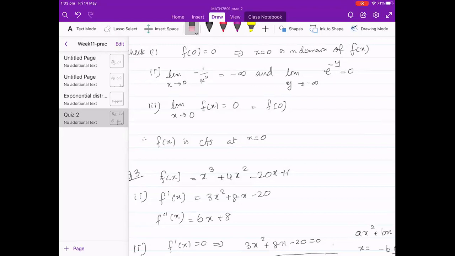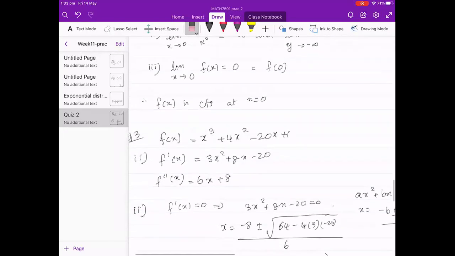What type of equation is this? Yeah, it's a quadratic. How many solutions do you expect? Two solutions. Okay, how would you find the solutions?